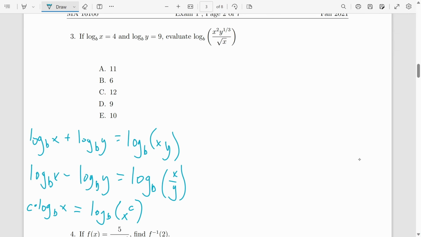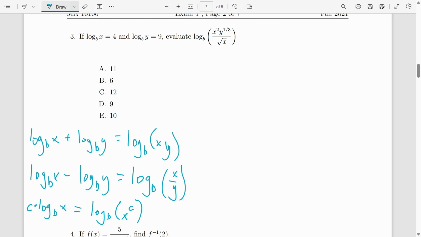And you can do vice versa as well. So those are the big 3 properties of logarithms that come up in these questions and in calculus as a whole. It's good to know them, and we're going to use them to pick apart this expression here and figure out what it equals.